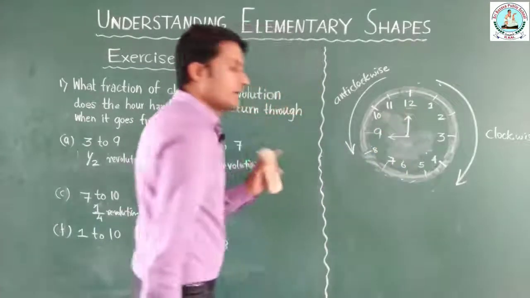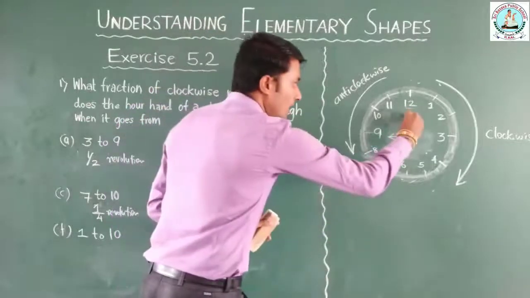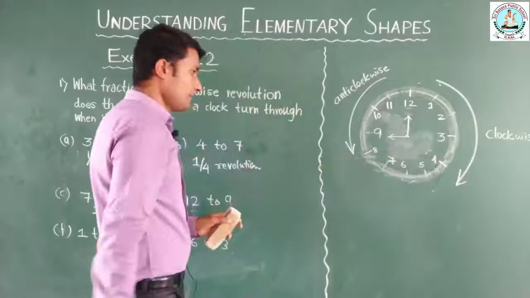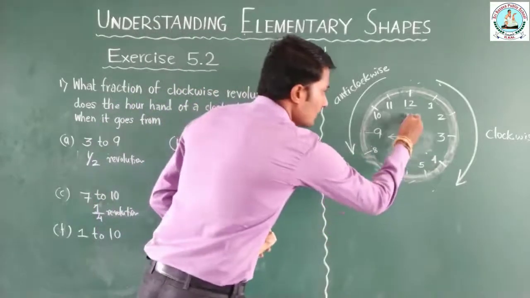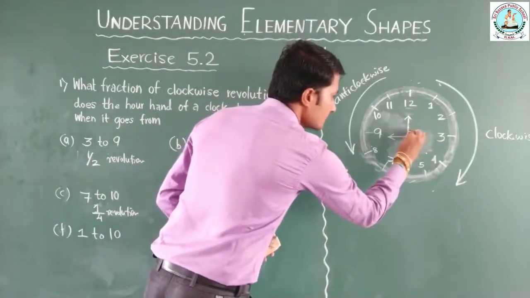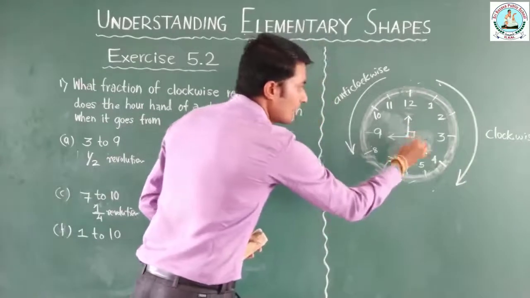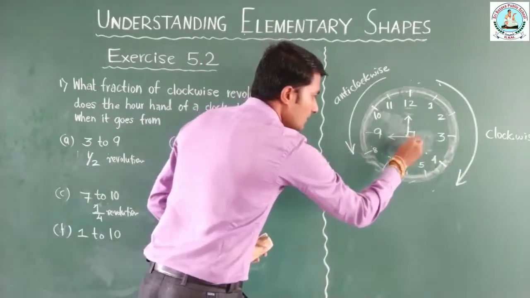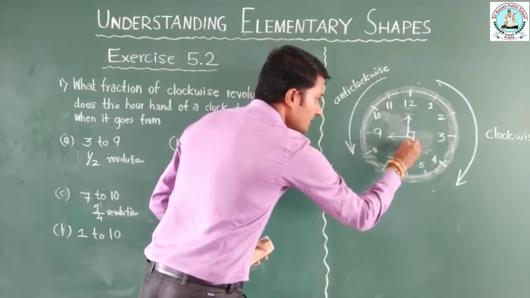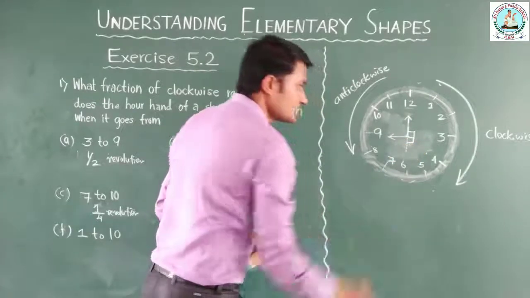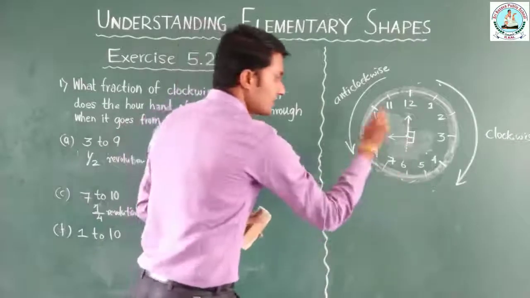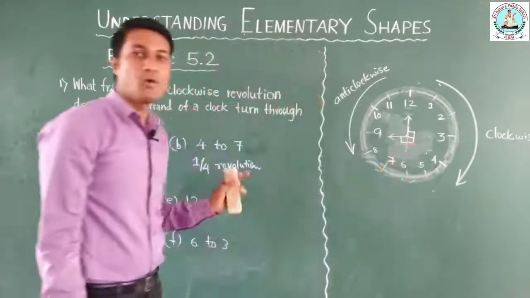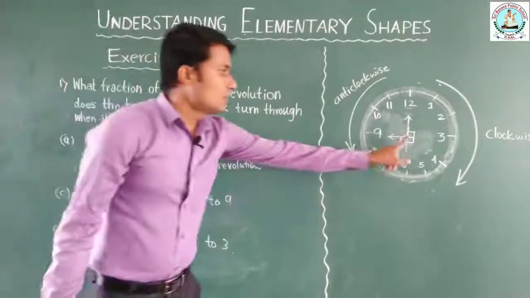Okay, now this is the moment, meaning the hour hand has moved from 12 to 9. Imagine from here to here it is 90 degrees, from 3 to 6 another 90 degrees, correct? From 6 to 9 another 90 degrees. So totally how many right angles has it covered?